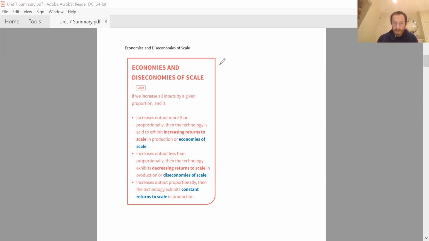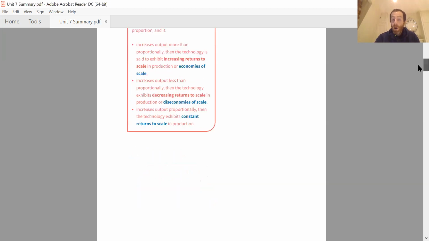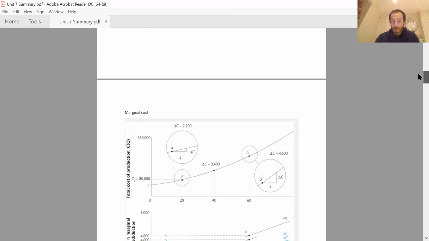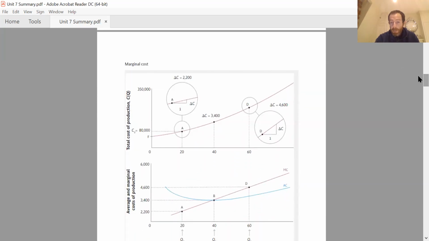Okay, so with that story in place, now let's move on to the idea of marginal cost. So marginal cost, what do we mean by it? We mean the extra spending you'd have to do to increase the quantity of output by 1. So we again go back to our total cost curve or our cost function.